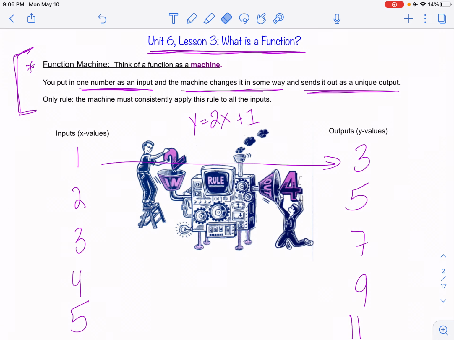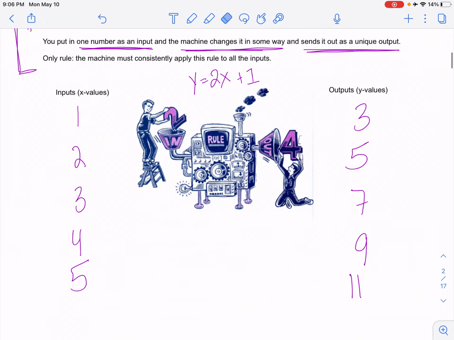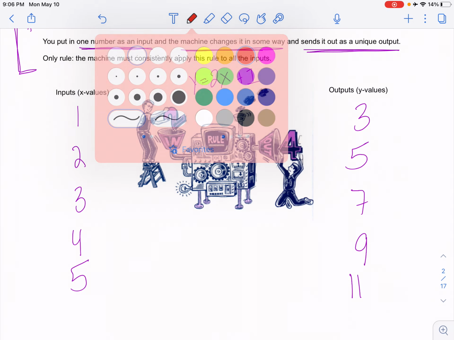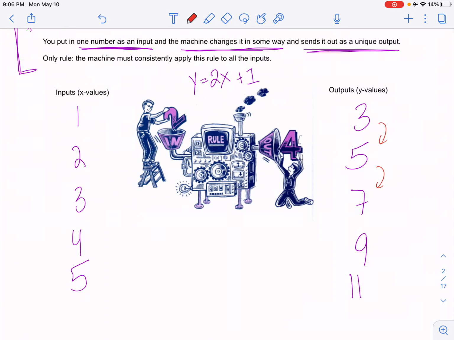So what is happening here in the patterns? This is why patterns are so important, why we talk about them in our criteria B. So what happens here? From 3 to 5, from 5 to 7, from 7 to 9, from 9 to 11. If these x values go in a nice, pretty order, 1, 2, 3, 4, 5, well, we can use that to our advantage over here in the outputs and look for the difference.